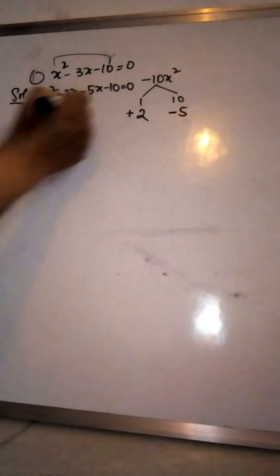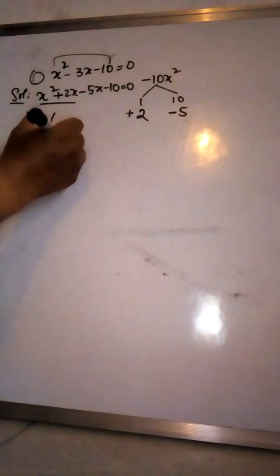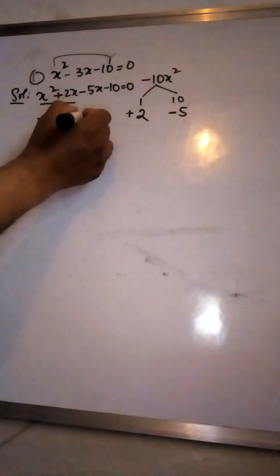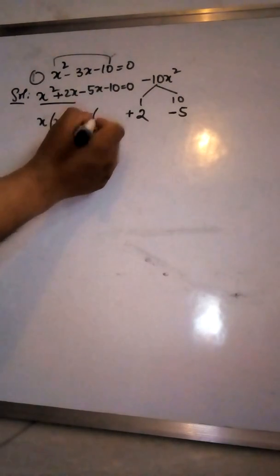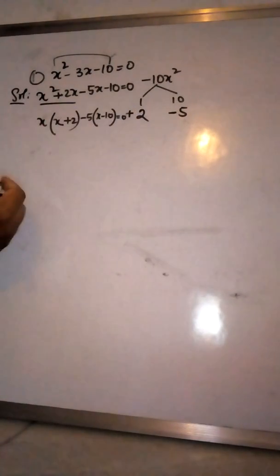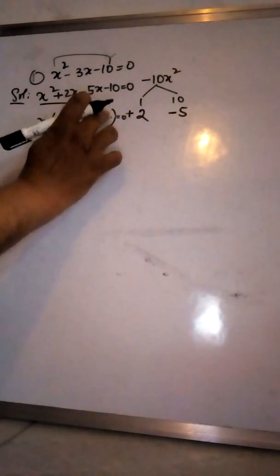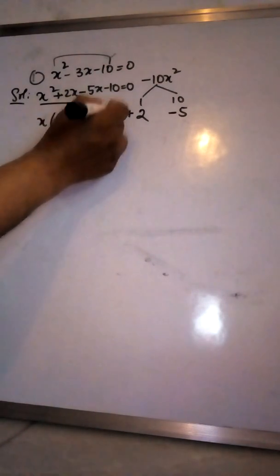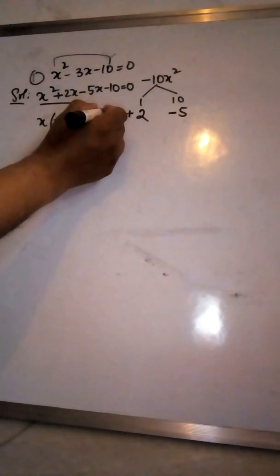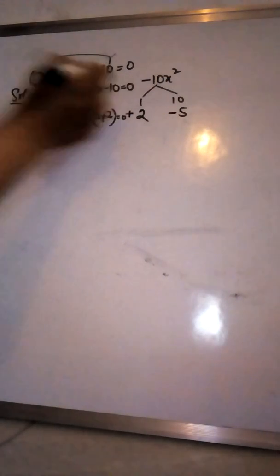In the first two terms, x is common, so I take x common, so I'll have x plus 2. Here minus 5 is common, so I'll have x minus 2, because 5 times 2 is 10, and minus into plus will give you minus.